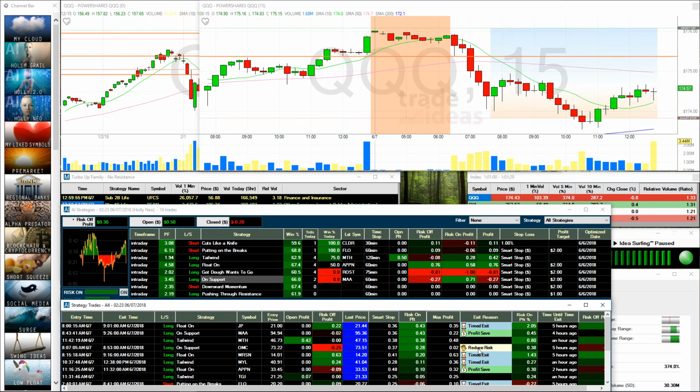And that works around a time decay mechanism. The longer the trade is open and it's not making progress, the shorter the clock where Holly can go, whoop, I'm pulling the plug on this one. So on the Neo version, that profit save and reduce risk, from the way I perceive it, has been loosened up a bit. Now, how much looser is it? I don't know for sure.